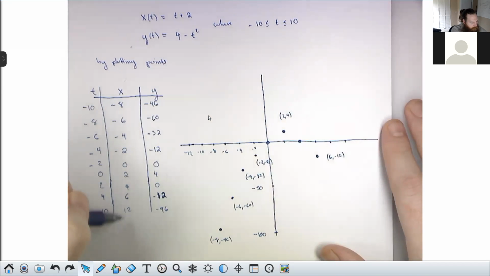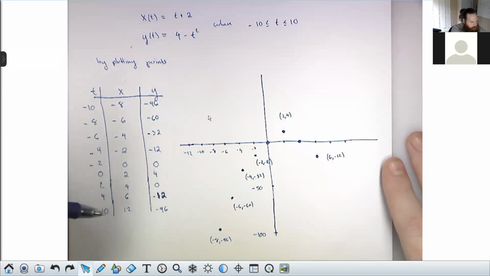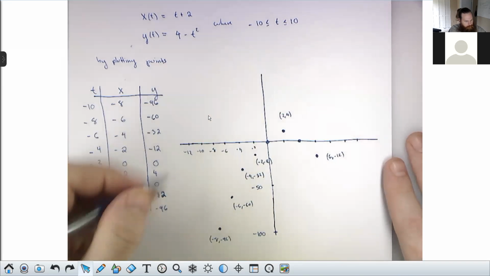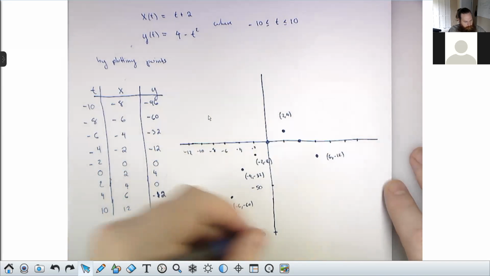And then 12, -96 would be way out here. Yep. So 2, 4, 6, 8, 10, 12.